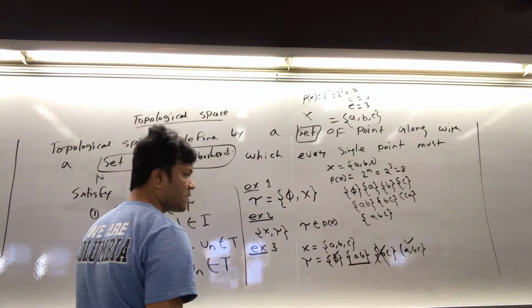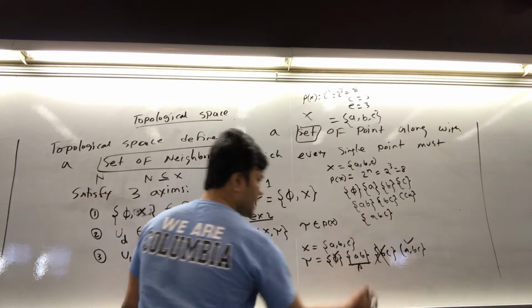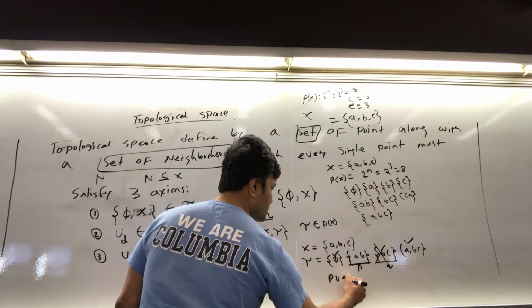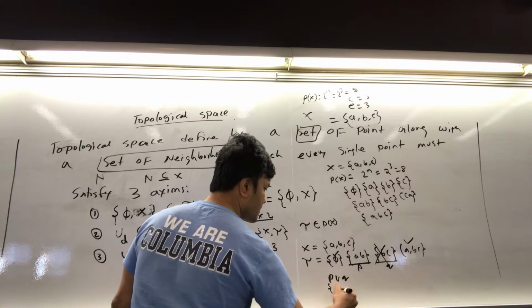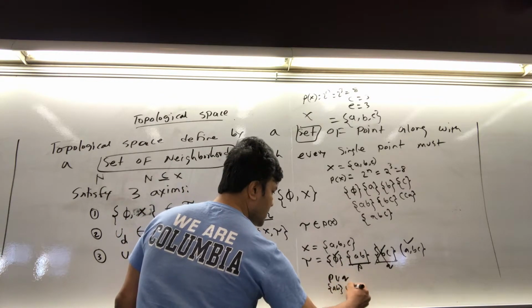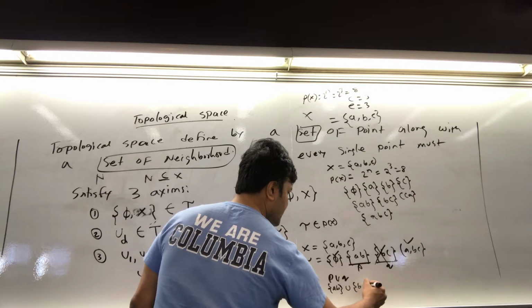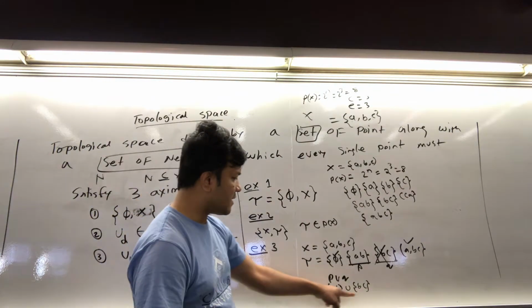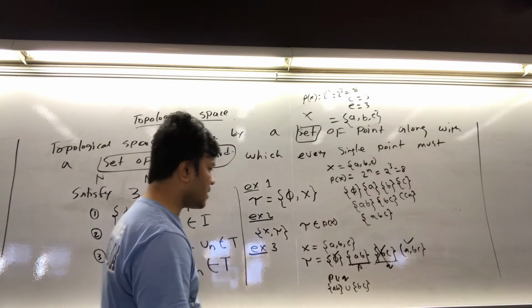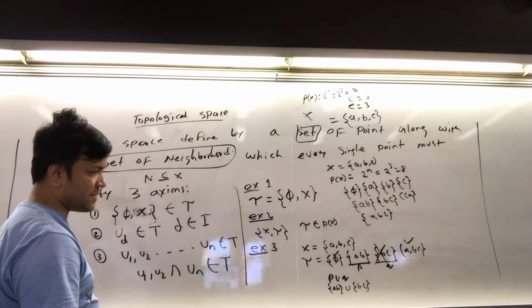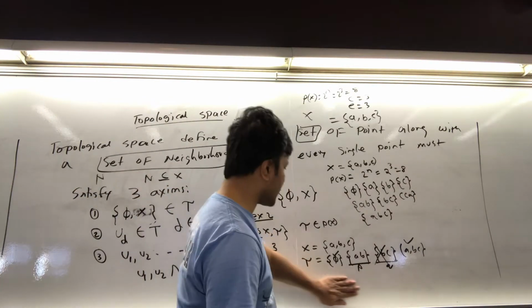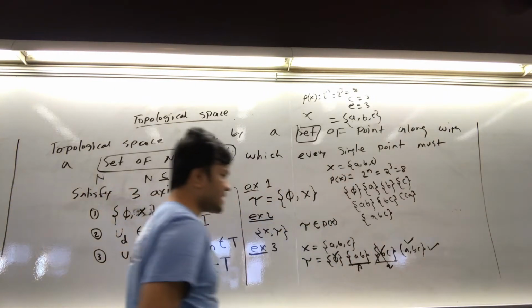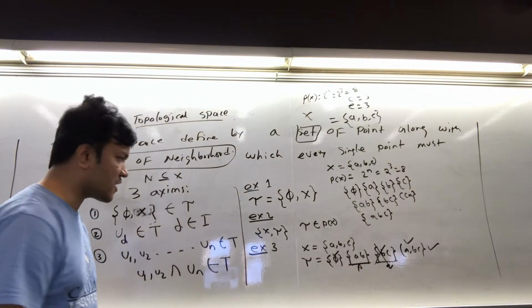Let's call this one P and this one Q. So P is AB, Q is BC. Oh no, that's supposed to be the union. So the union of P and Q is ABC, so it satisfies the second one, the union. It does not satisfy, however, the third condition.